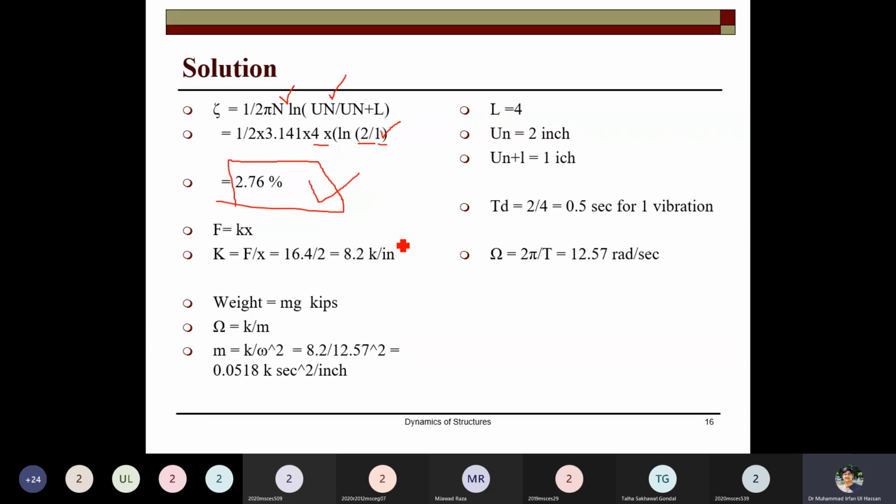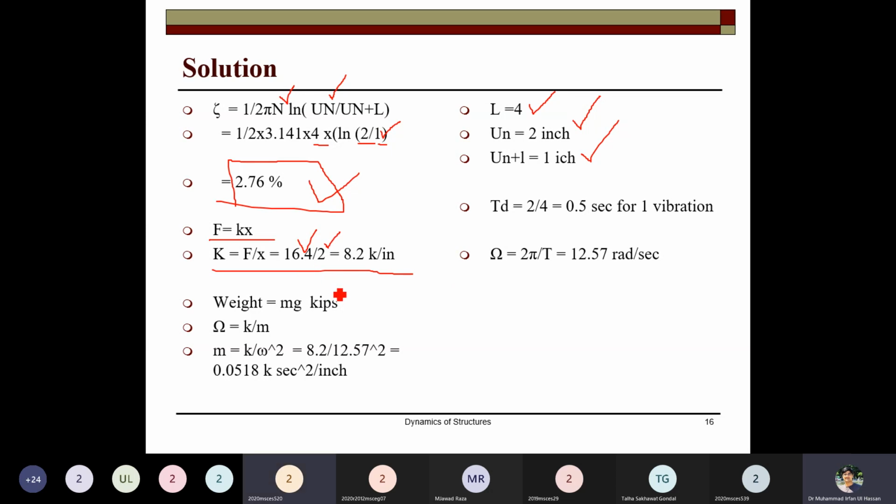First problem. Because the total number of cycles is 4, the initial displacement was 2 inches, and after 4 cycles the displacement is 1 inch, you can determine this zeta value. You can also determine the stiffness value. F is equal to kx, so k will be equal to F over x, where F is the force and x is the displacement, so the stiffness can be determined.